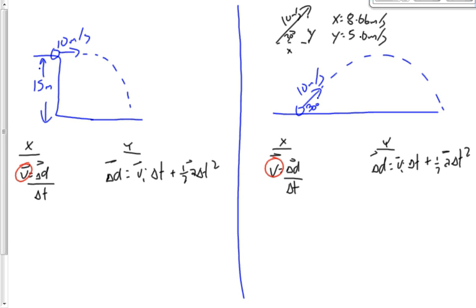You've got to resolve it into components. It's not 10 meters per second. In this one, it would be the 8.66, right? It would be the x component of the initial velocity. So the first difference between these two problems is the x velocity. First one, it's just a number that's given to you. The second one, you've got to find it based on the number that's given to you along with the angle.